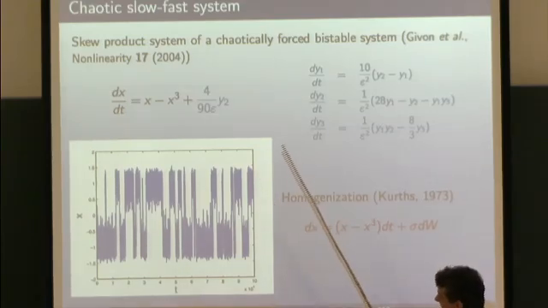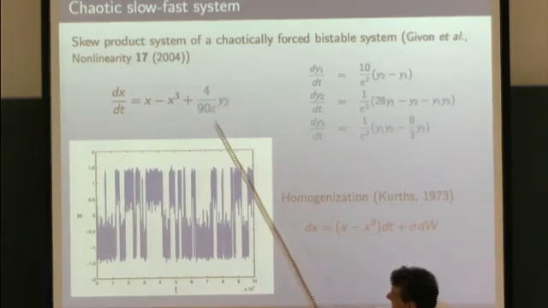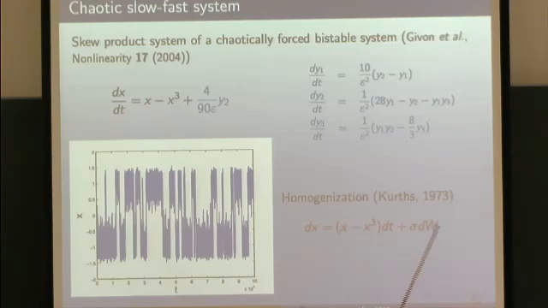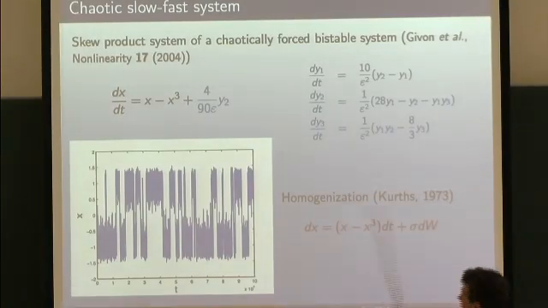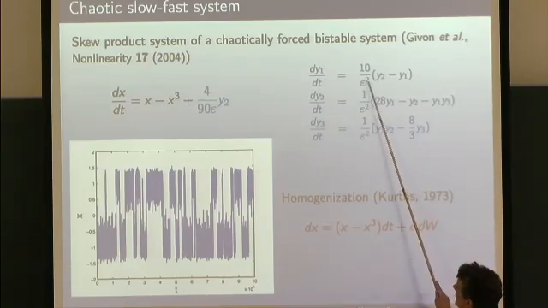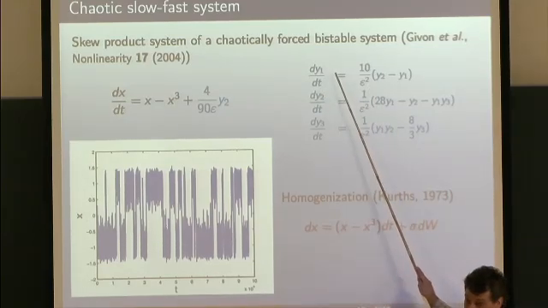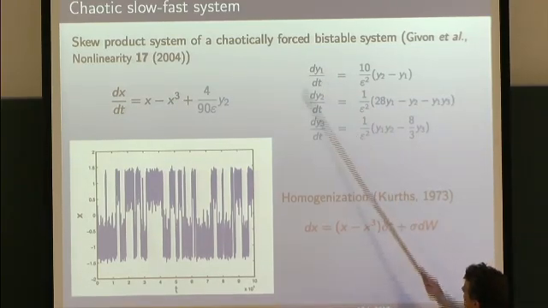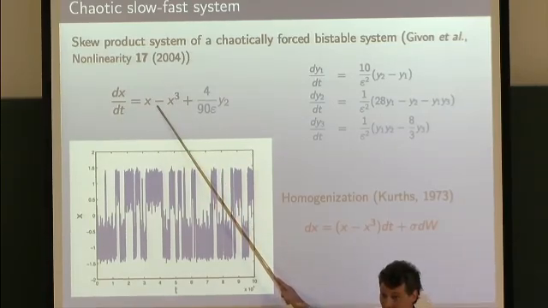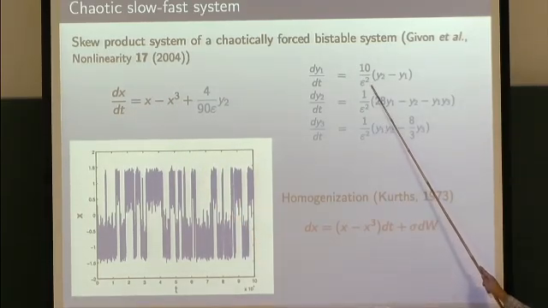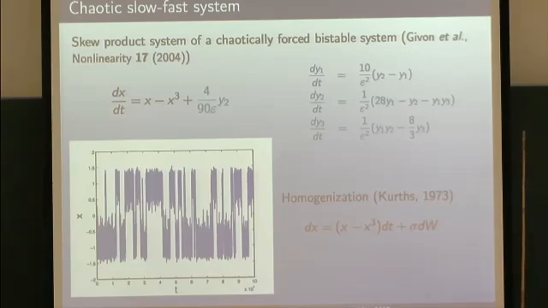So this is a little digression now from data assimilation. Sorry, what's epsilon? Epsilon is a small parameter. So epsilon gives you the time scale difference between this fast process and this one. This evolves on an order of 1, and that goes on this faster order, right?